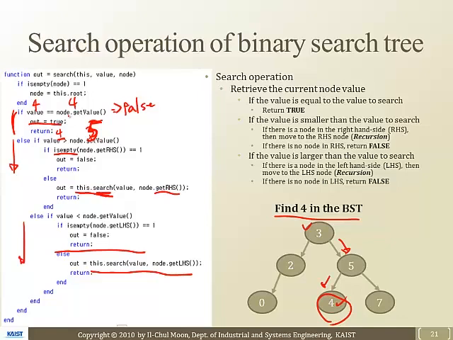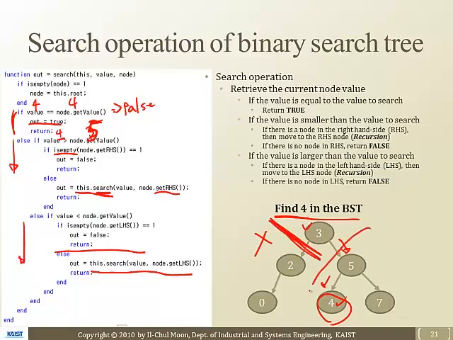So please note that we were using these left-hand side and right-hand side rules to limit the search scope. When we decided to find 4 here, and we hit 3 at the root node, we instantly found out that we don't have to search through the left-hand side of this tree.